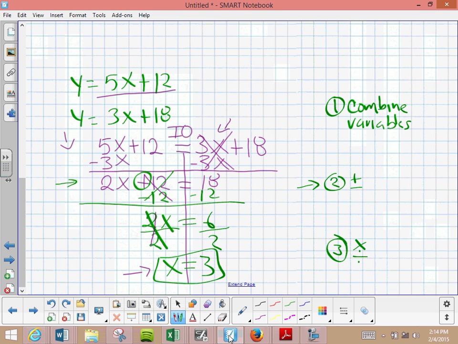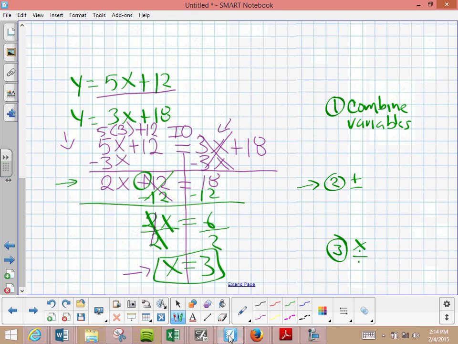Okay, so you might wonder, did I get the right answer? The only way to find out is by going back and testing it. So x equals 3. All you have to do is go back in here and plug it in. I know you did, but I want you to do it this way for now. 5 times 3 is 15, plus 12, I'm sorry.